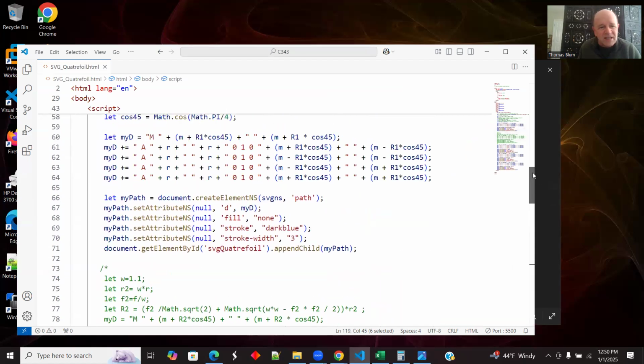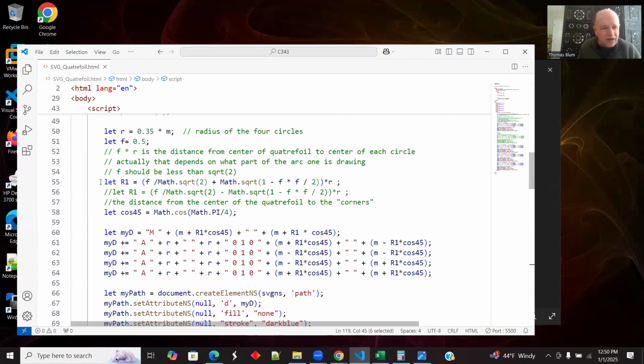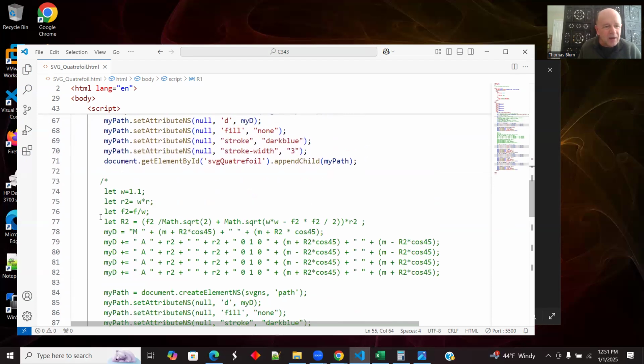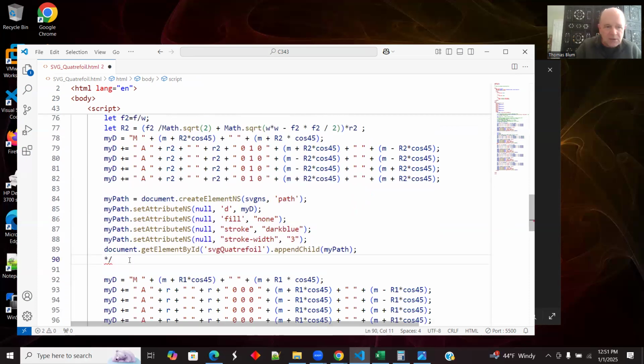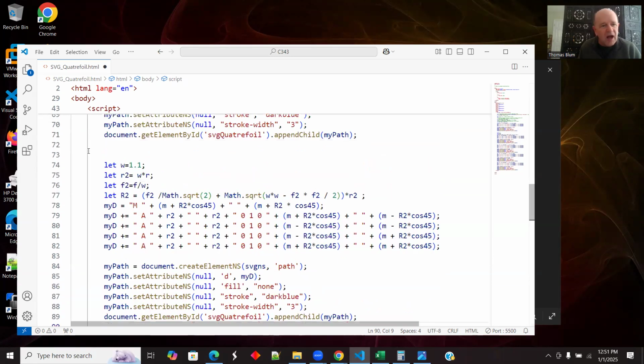So here was the original quadratic formula. The radius where the points meet was related to this f, and then everything got multiplied by r. Now I'm going to bring this new part out, and I am multiplying r by w.